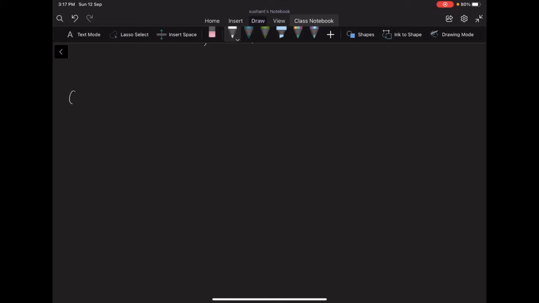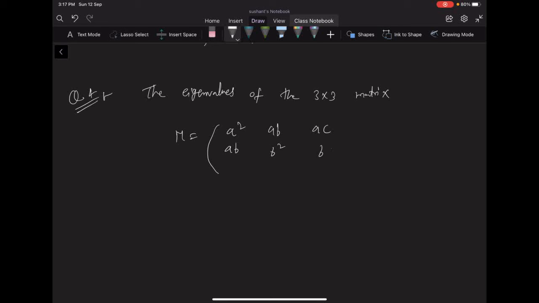Okay, so now question 4 is: the eigenvalues of the 3 cross 3 matrix M, where this matrix M is given as A square, AB, AC; AB, B square, BC; AC, BC, and C square, are: Option A is A square plus B square plus C square, comma 0, comma 0.